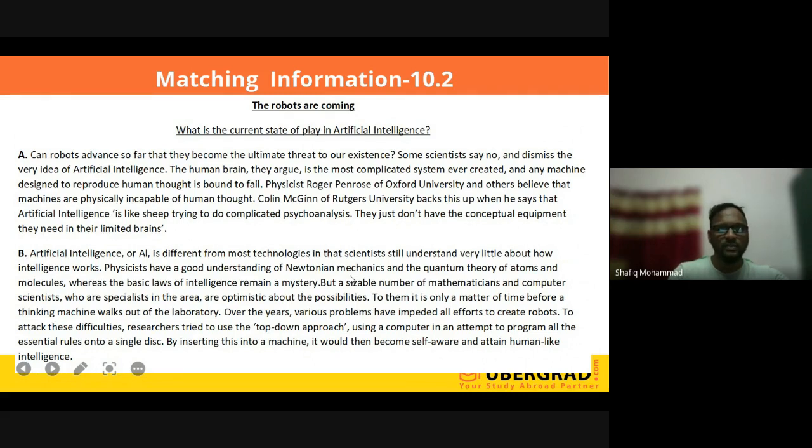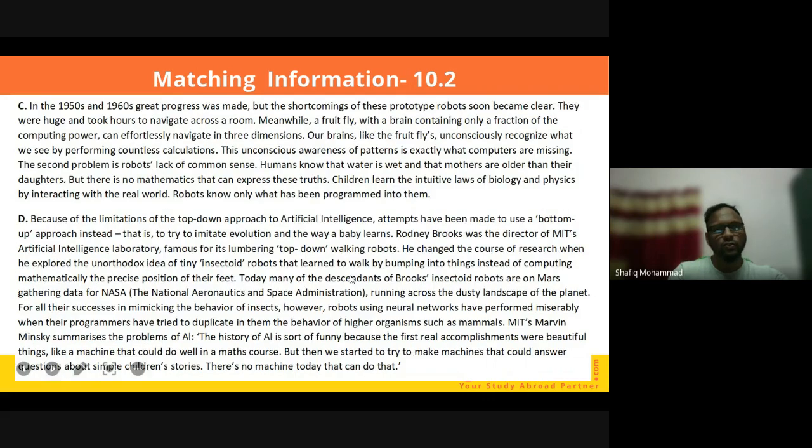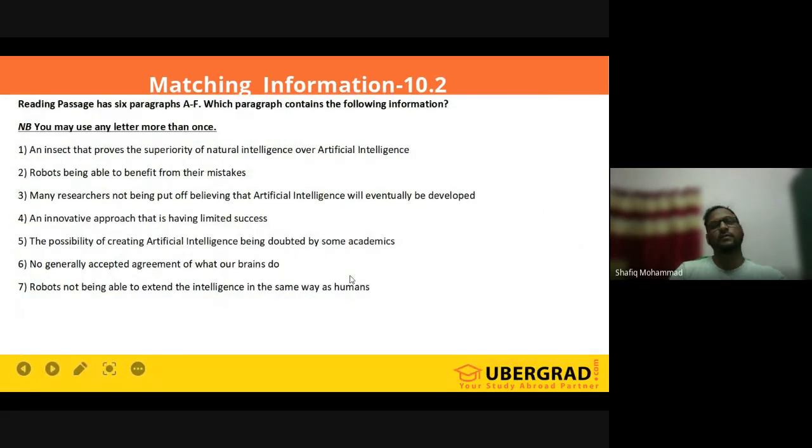So 90% is not a small thing, right? Otherwise, for the other 10%, you need to read sometimes in the middle also. So read the paragraph, come to the options and give. So you have 6 minutes more.